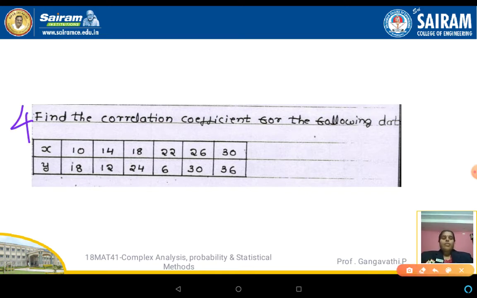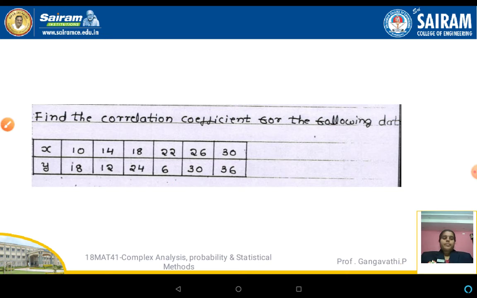Find the coefficient of correlation for the following data. The values of x are 10, 14, 18, 22, 26, 30, and the values of y are 18, 12, 24, 6, 30 and 36. It just asks you to find the correlation coefficient r.